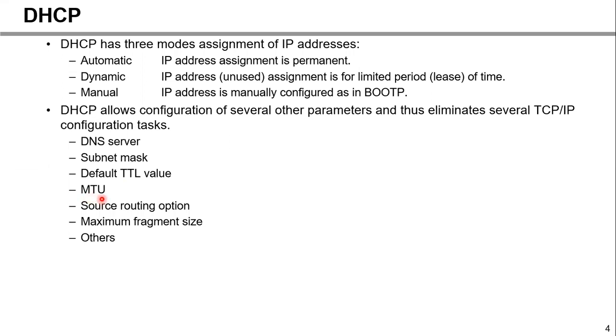MTU is the maximum transfer unit, the maximum data that you can send at a time. These are the values which you automatically get from the DHCP server.